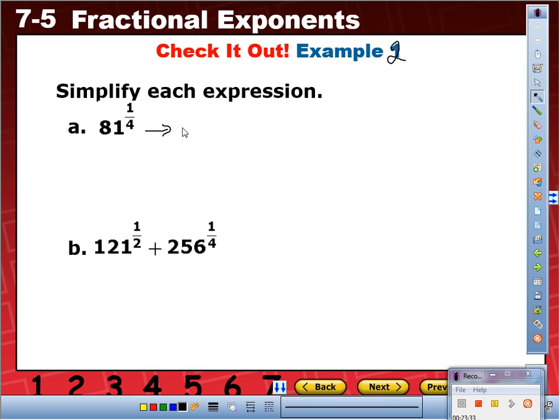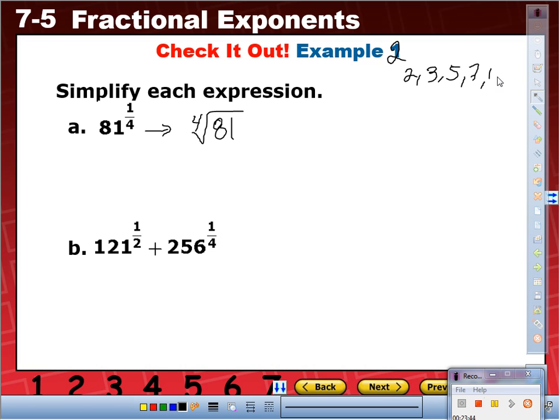Let's rewrite this. What does this become? 4th root of 81. And once again, we start with our first 5 primes and see what we get. Which one of these divides in here? 3. So this is 3 times 27. How about the 27? 3 times 9, and the 9, 3 times 3.